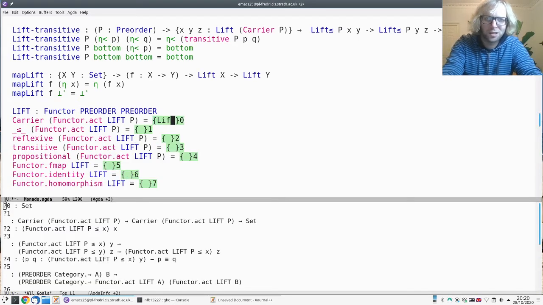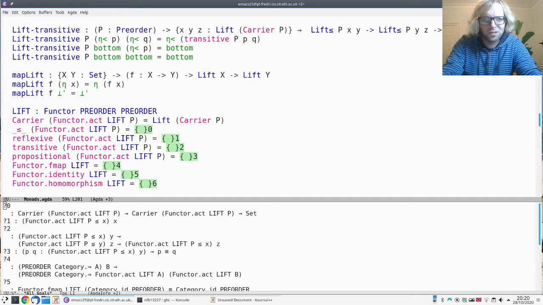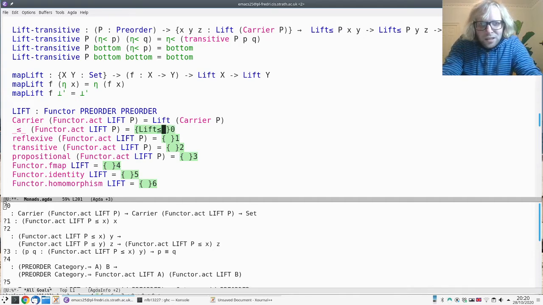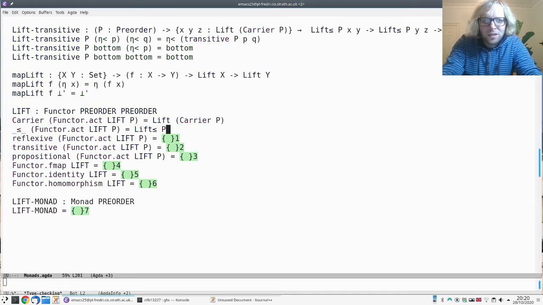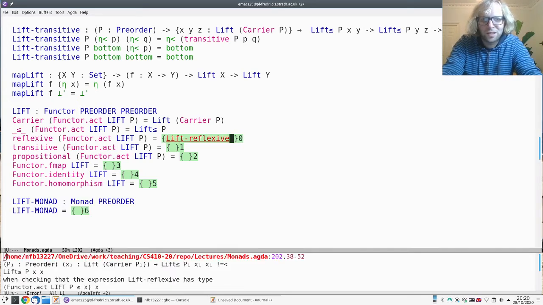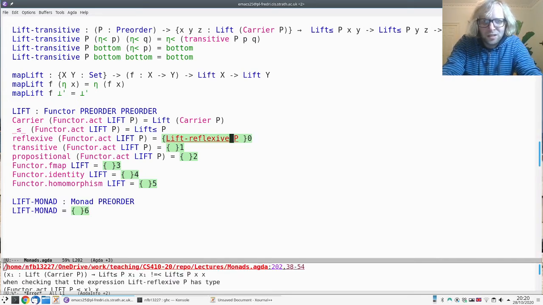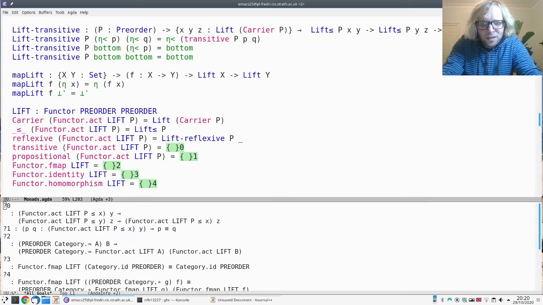The carrier is going to be lift the carrier of P, and the order relation is going to be the order relation we defined. And reflexivity is the reflexivity proof that we defined. Transitivity is the transitivity proof that we defined.